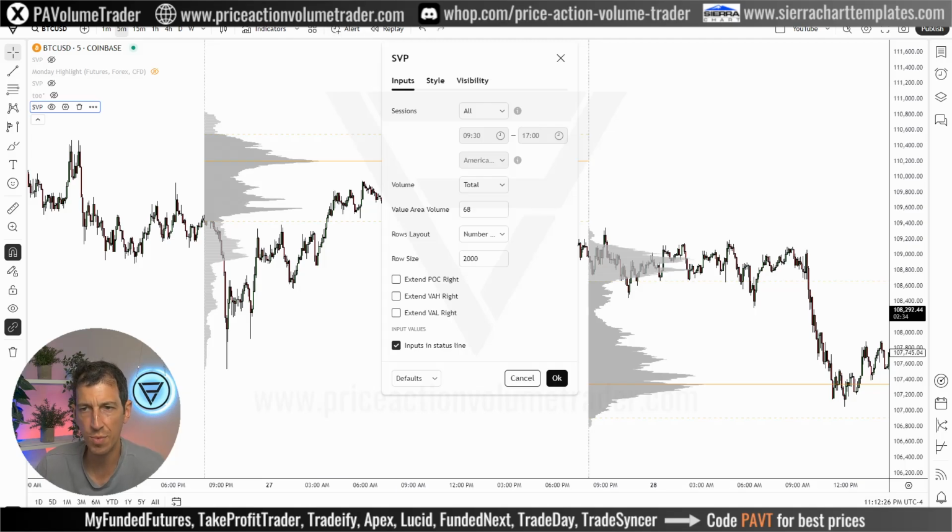So for crypto and Forex, I generally use number of rows, value area 68% always, total volume, and row size 2000.